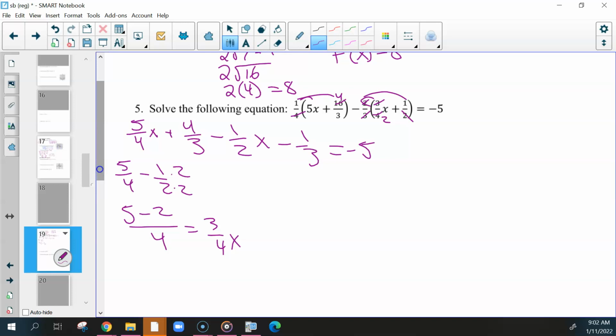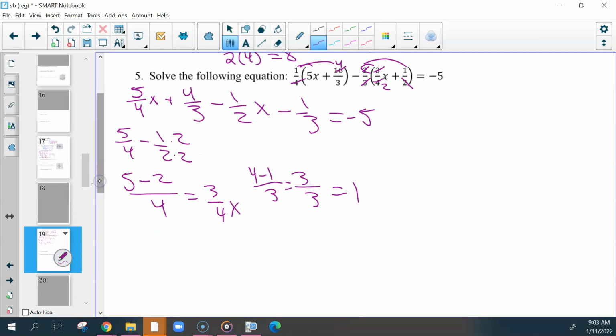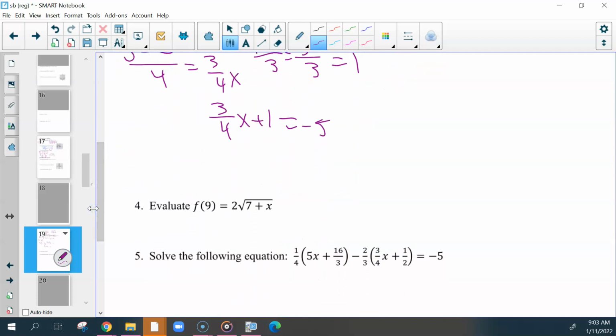And then because these two have common denominators, we can just subtract across. 4 minus 1 gives us 3. And that simplifies to just 1. So we have 3/4 x minus 1, I'm sorry, plus 1 equals -5. So all the fractions we had have condensed a little bit.